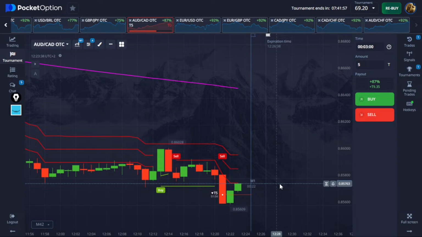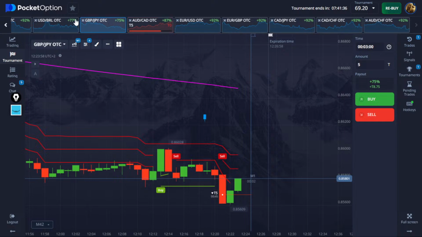Our super trends are not working, guys. This is because super trend, and most indicators, are lagging indicators by nature. So they will show you a signal of something that already happened most of the time.